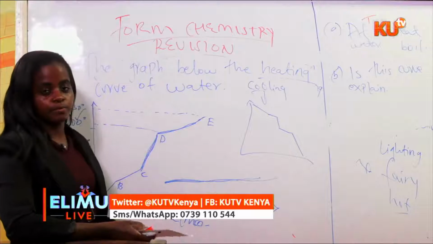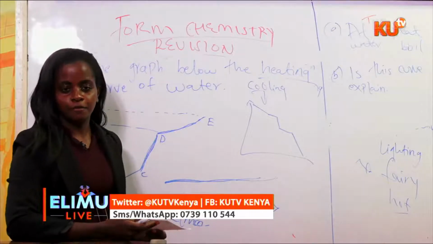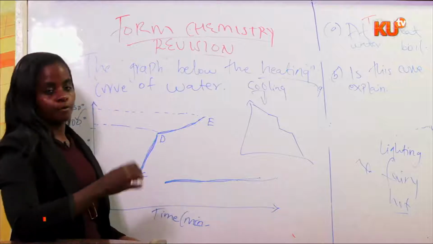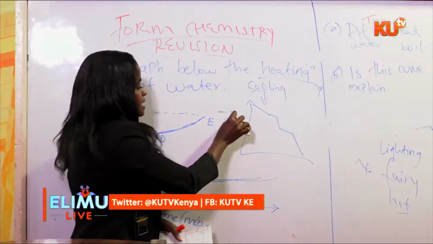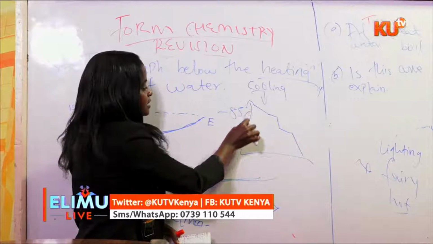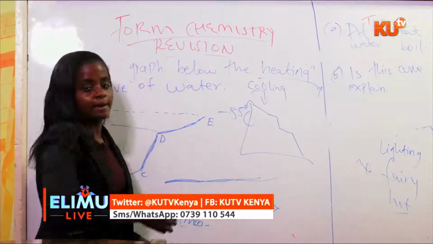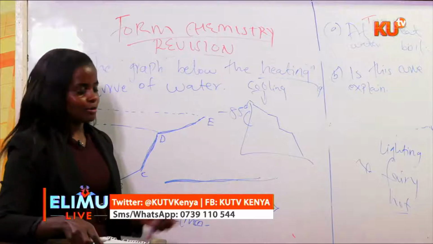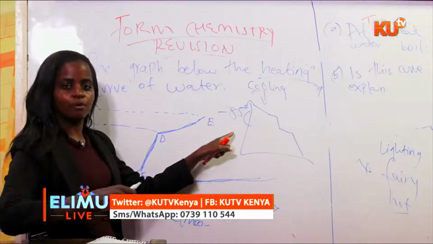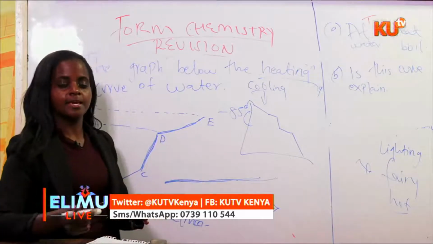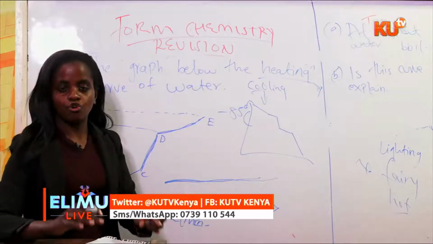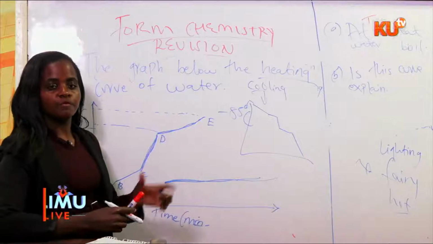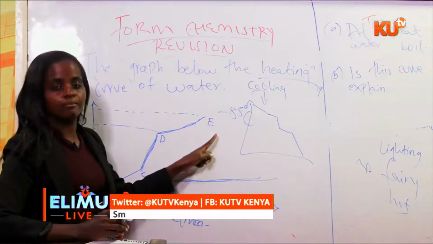An example is when you're boiling water to use for your ugali. Now if you're boiling ugali, you'll add more flour. That means in this pure water, you're adding more solid to that water, meaning it will increase the boiling point.